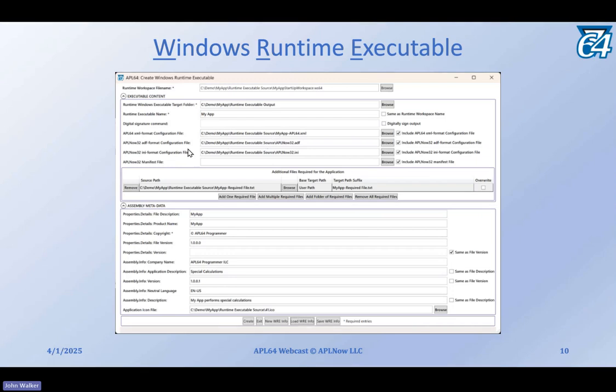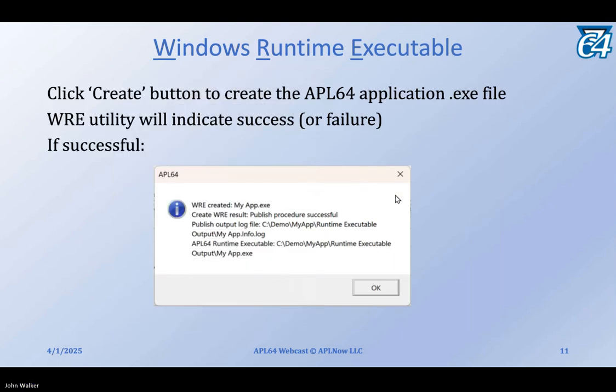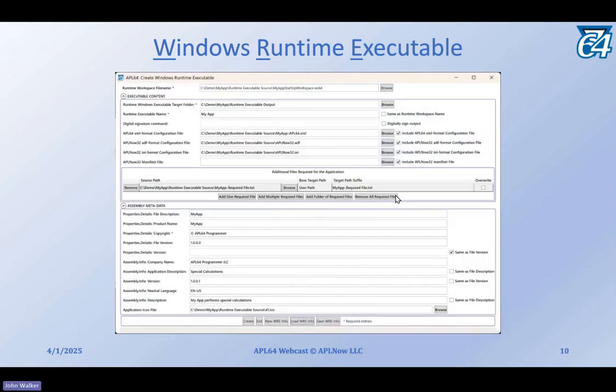The configuration information is all the same, already pre-populated. There is only one additional file that is required, and you'll see that it's got the source path and also the target path specified, which means that's going to be the name of the file in the target location, and that's going to be in the user path.